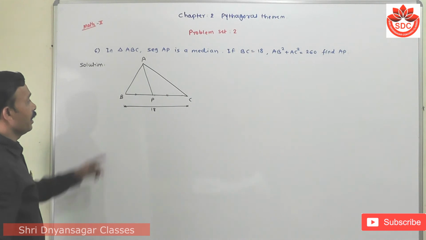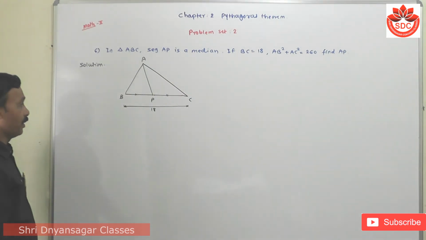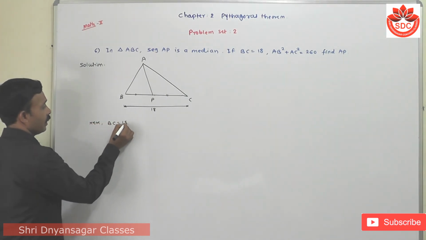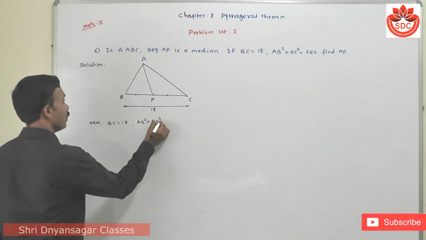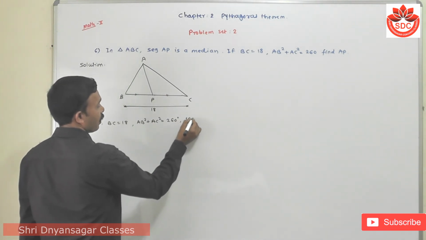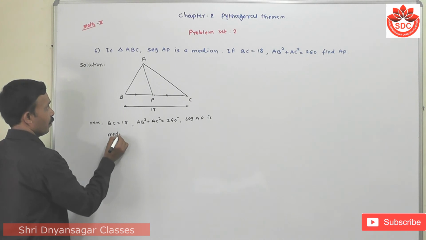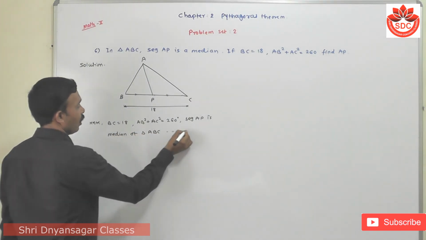And AB square plus AC square is also given. Then we have to find the value of AP. So BC is equal to 18, AB square plus AC square is equal to 260, and AP is the median of triangle ABC. All these things are given.